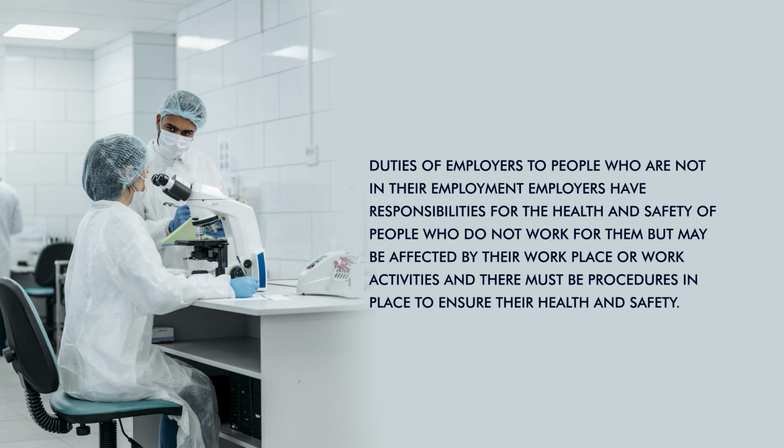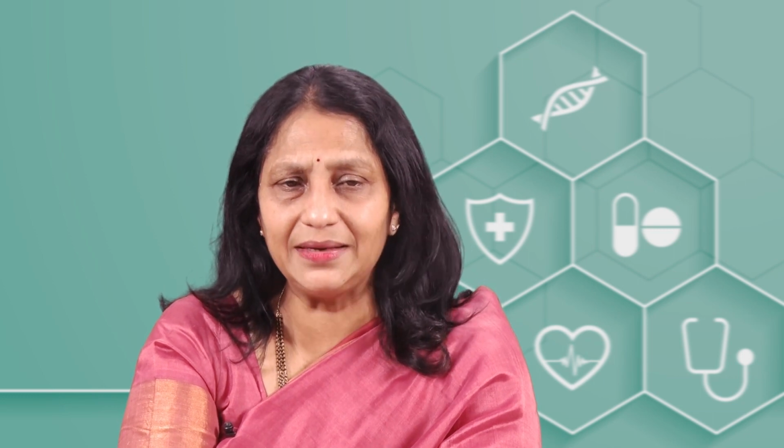And also the duties of employers to people who are not in their employment. So that is also most important. That means employers have responsibilities to ensure the health and safety of service users, visitors, volunteers, contractors and so on. Examples of where people may be affected by the undertaking are also important. Unsafe premises can cause injuries, so we have to have boards showing that the premises are unsafe and you are not supposed to go inside.